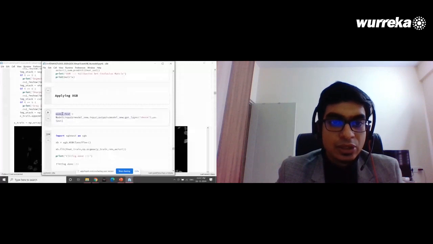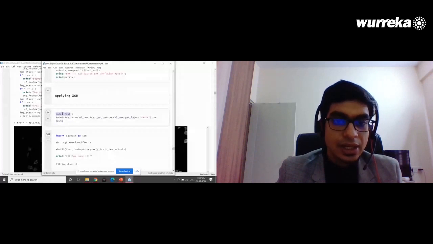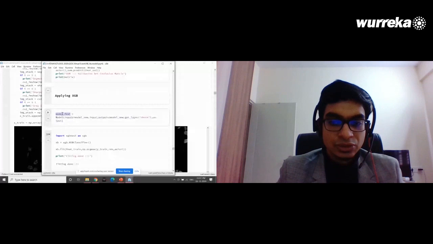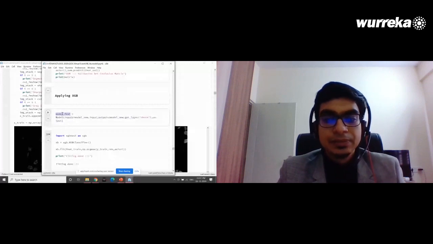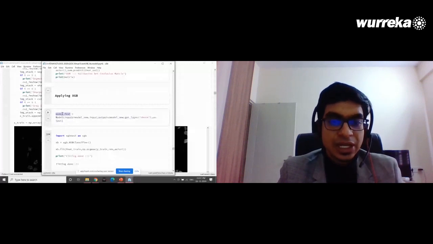This notebook has examples of trying with XGBoost, SVM, and I think we should have random forest as well. These are some of the typical machine learning algorithms that we tried.